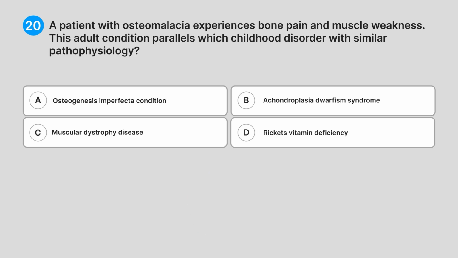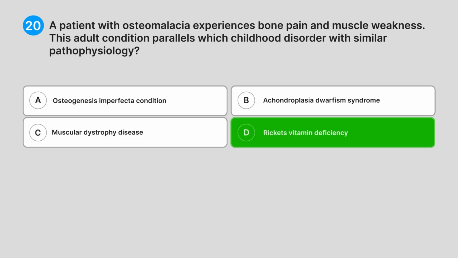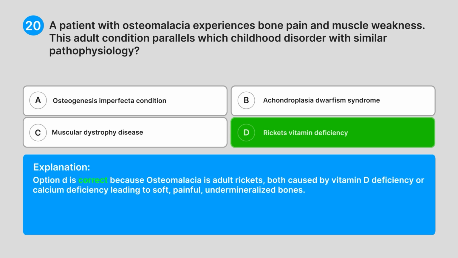Correct answer: D. Rickets, vitamin deficiency. Explanation: Option D is correct because osteomalacia is adult rickets, both caused by vitamin D deficiency or calcium deficiency leading to soft, painful, undermineralized bones.